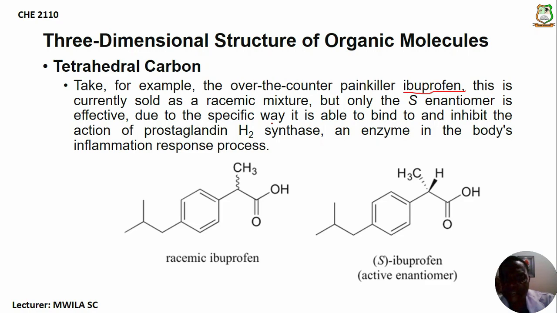It is a mixture, meaning the S enantiomer and the R enantiomer, the left and the right, are mixed together. But we find that the one that is effective, the one that will work, is the S enantiomer. This is the racemic mixture, brufen.